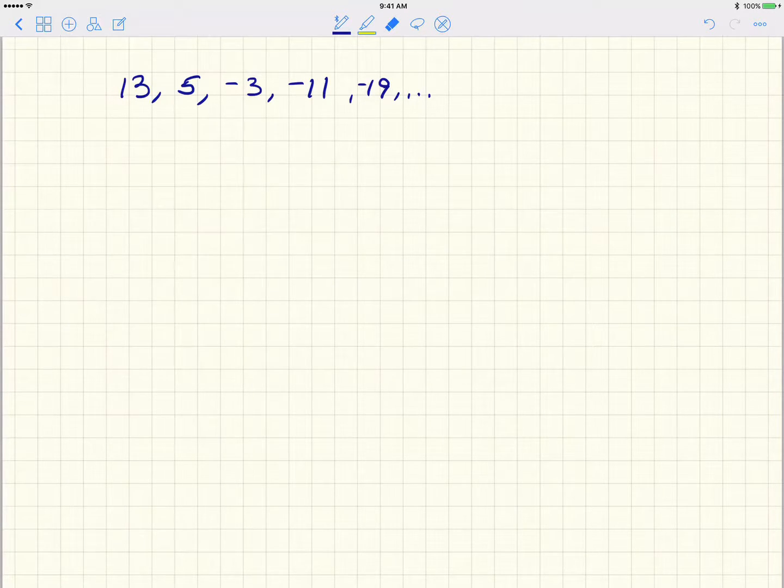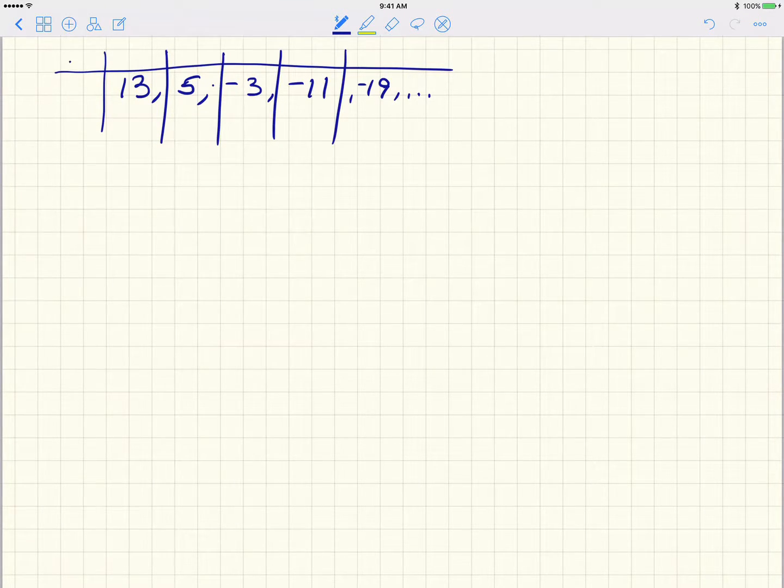All right, let's name our sequence. Let's table this up. So the nth term: this is our first term, this is our second term, this is our third term, fourth, fifth, etc. We'll call our sequence, again, whatever we want to call it.